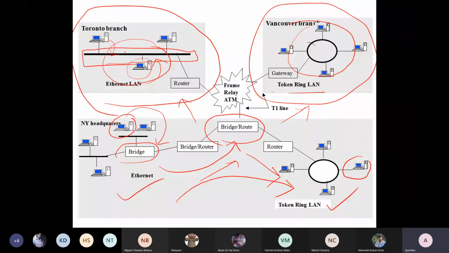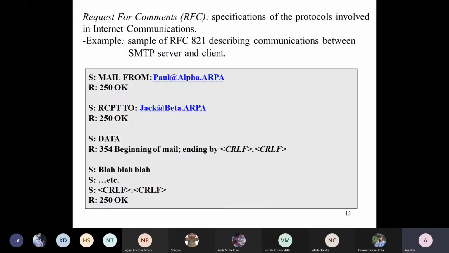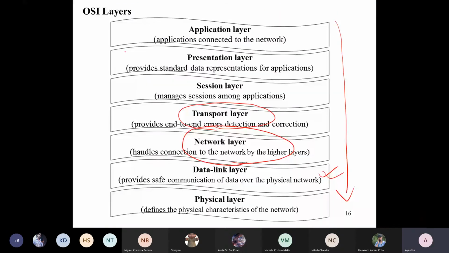So this collision handling and maintenance of proper communication in a shared medium, all this is guaranteed by the data link layer. So this is basically for safe communication of data over the physical network. Now, physical network means this.